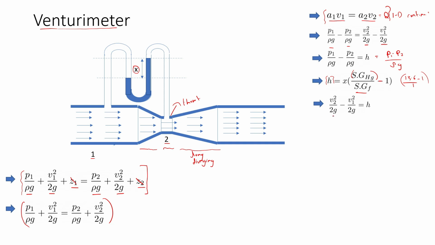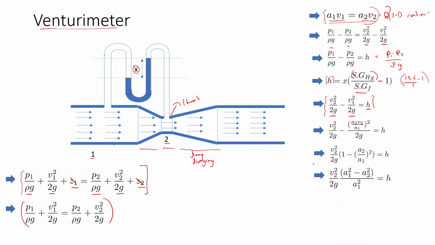So V2 square by 2g minus V1 square by 2g is equal to H. Now from the equation A1 V1 is equal to A2 V2, if you substitute V1 is equal to A2 V2 by A1, the whole square by 2g is equal to H. So V2 square by 2g into 1 minus A2 by A1 the whole square is equal to H. We are taking V2 square by 2g outside.